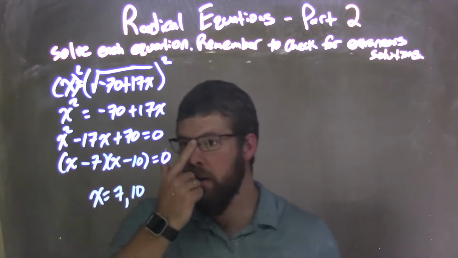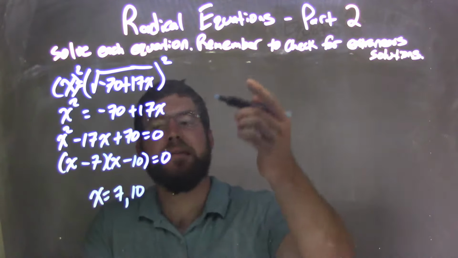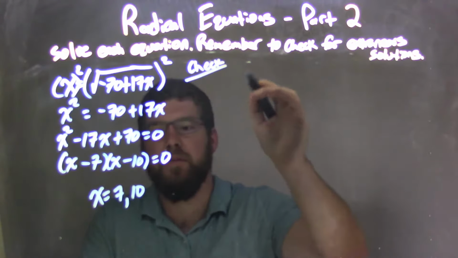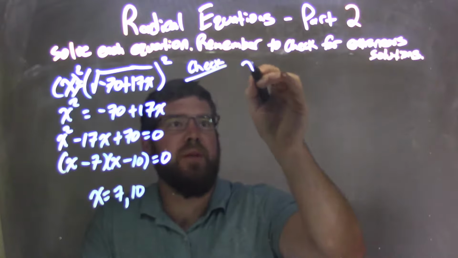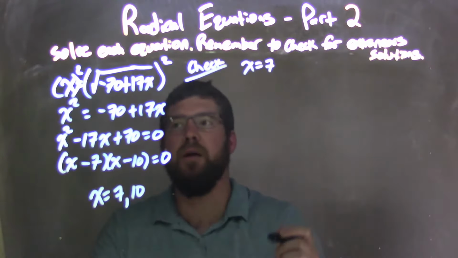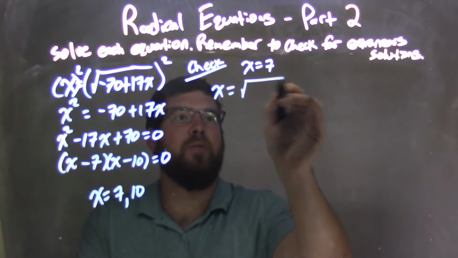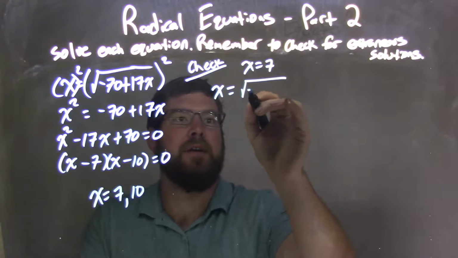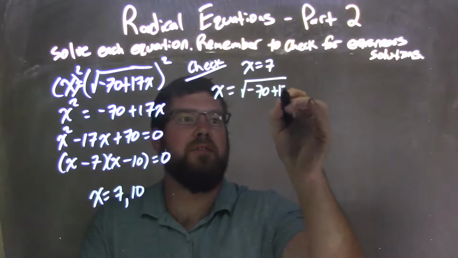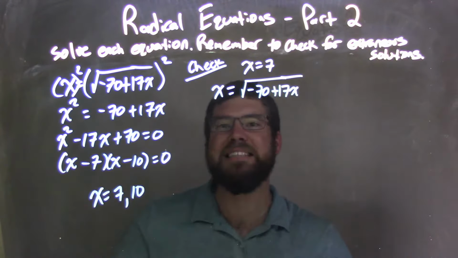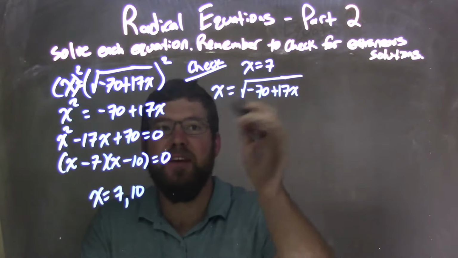Fantastic, looking good. And so from there I want to check this. Well, x equals 7 here. Check x equals 7. So we have x equals the square root of negative 70 plus 17x. We're going to plug 7 in for x to see if that's a true solution.